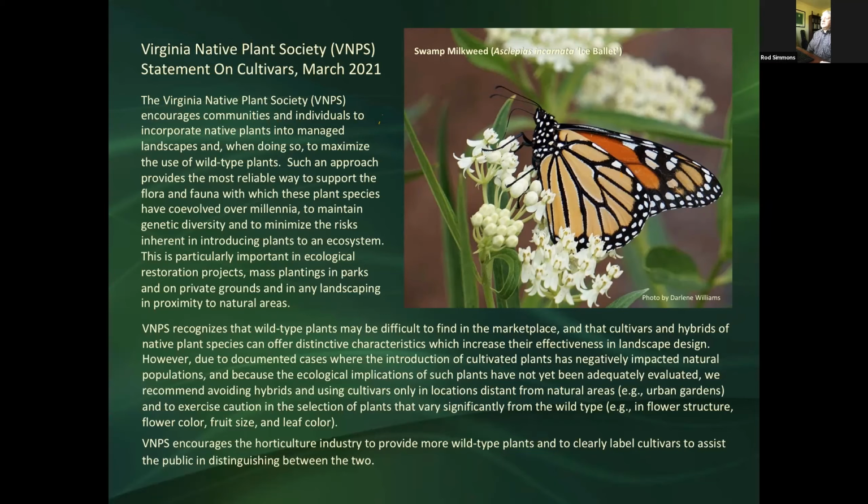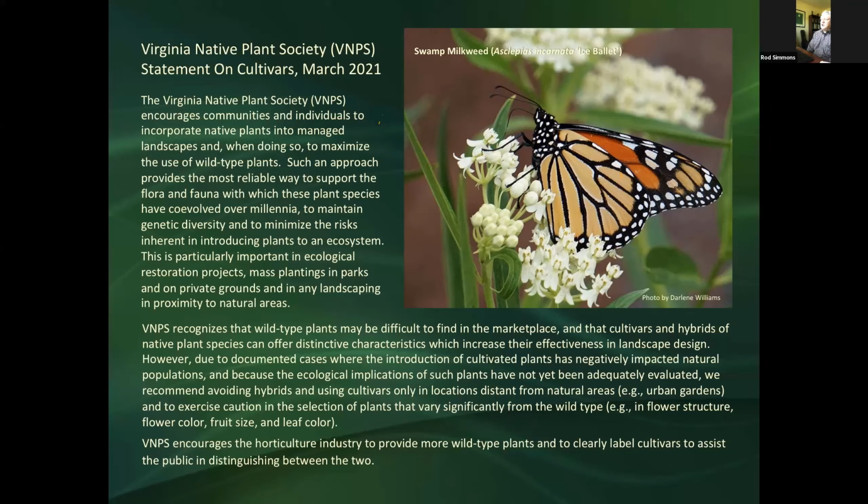So if you have, let's say in Williamsburg, Tidewater, a lot of the native swamp milkweed around, you don't need the pollinators cross-pollinating these Ice Ballet with the native species, because you end up seriously degrading and polluting the gene pool.